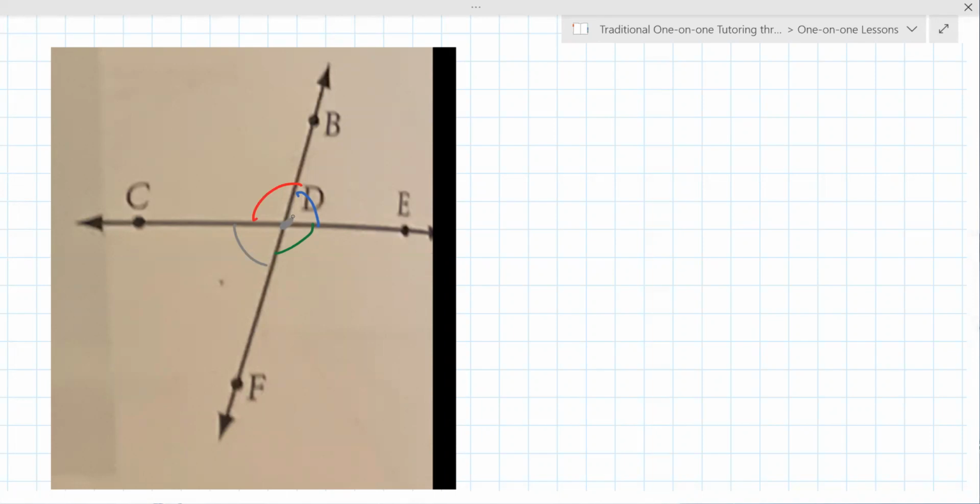No, you don't know which one D is referring to. Which one is D referring to? We don't know. That's the point. It could be any of the four. Okay. It could be any of the four.